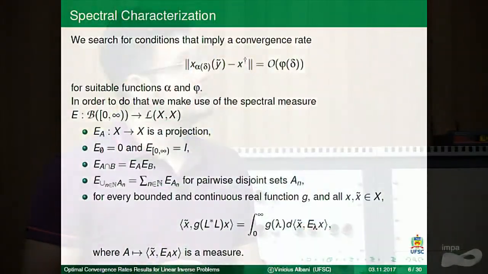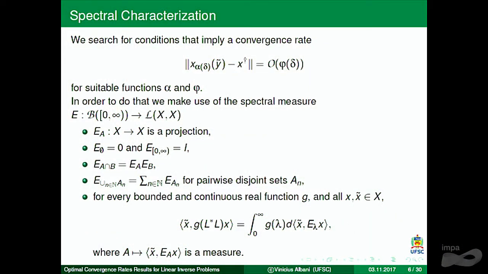So in some cases, it's just delta to the power nu with nu between 0 and 1. This is the most common convergence rate. And E, capital E, represents the spectral resolution of the operator L star L. So we shall make use of this representation of the operator G evaluated at L star L.